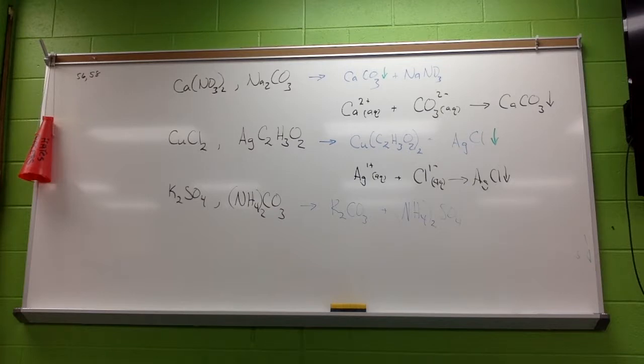Both of them. Neither one will precipitate. So what's the net ionic equation? There is none. There is no reaction. All 4 ions are going to remain in solution, floating around independently like the little dots I put up on the board the other day.